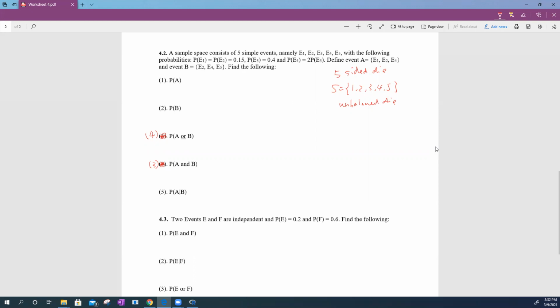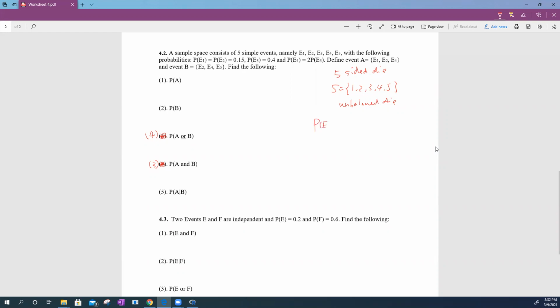And then let's look at all the needed information. We need to know probability of E1, E2, E3, E4, E5. It seems like we know the first 3, but not 4 and 5. We just know a relationship between 4 and 5. Then let's see what we can know.